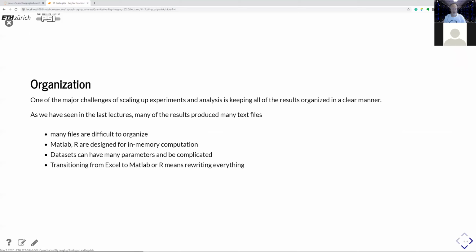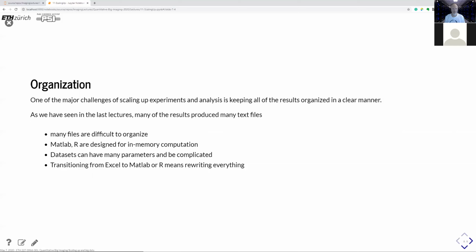And we have seen that many of our analyses produced text files, possibly many text files, and organizing these, you will have to name them in a good way with some structure and make sure that everything is right.